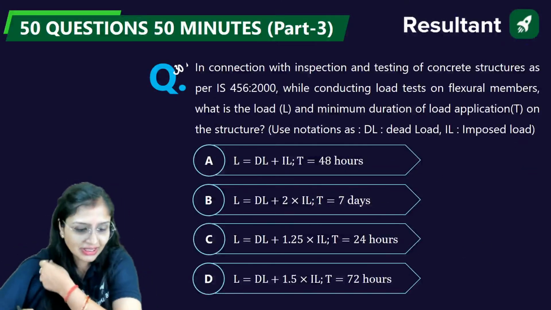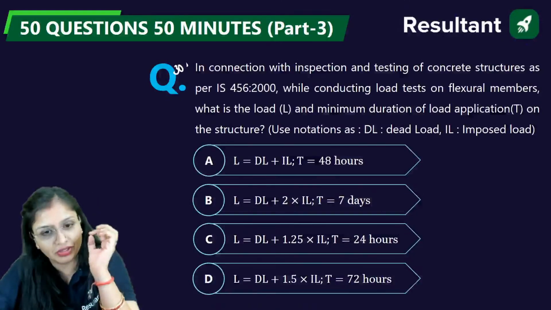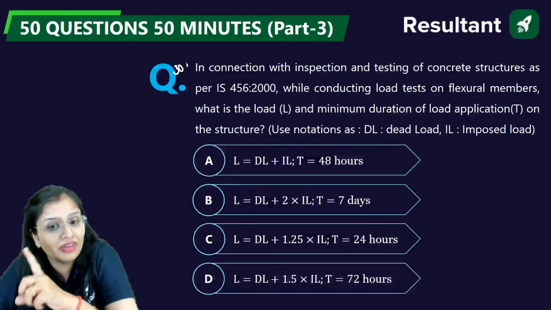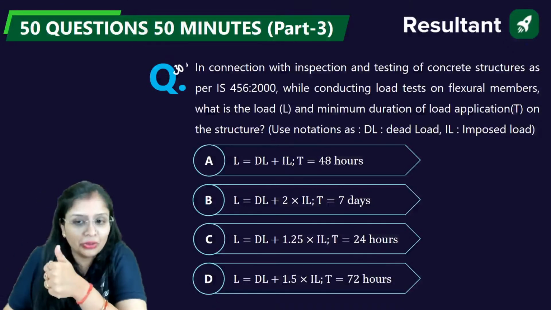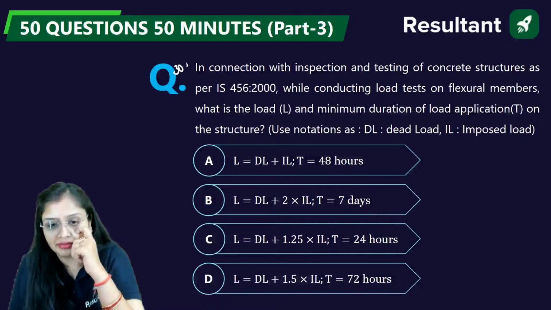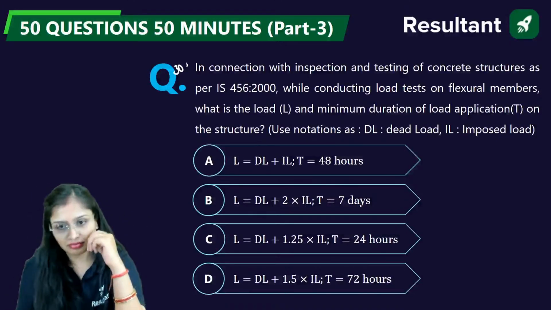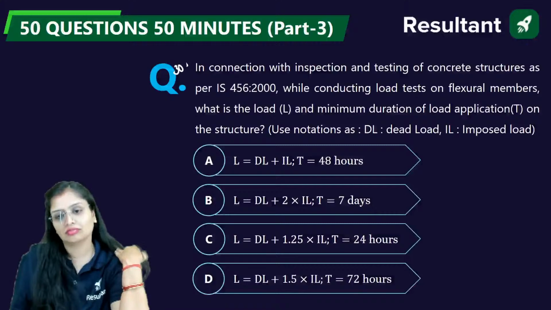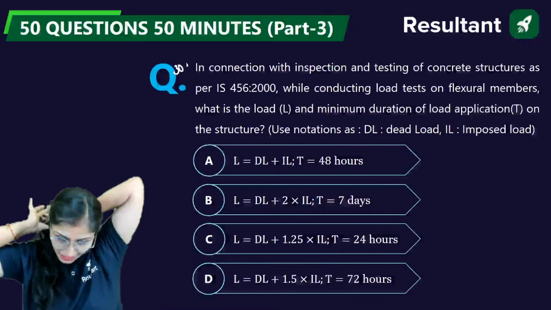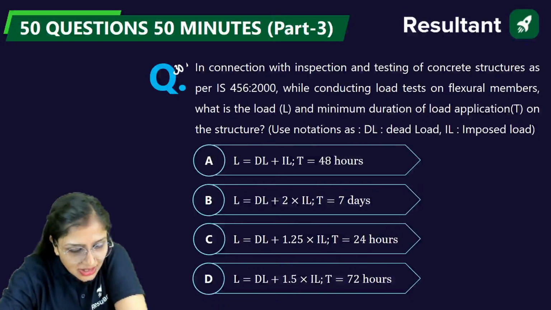Question number 30. In connection with inspection and testing of concrete structures, IS 456 is giving you this. When you do load test on flexural members, the load is L and the minimum duration is T on the structure. What is the load which you apply, and for how much duration? This is very common, I guess you might have done it also.